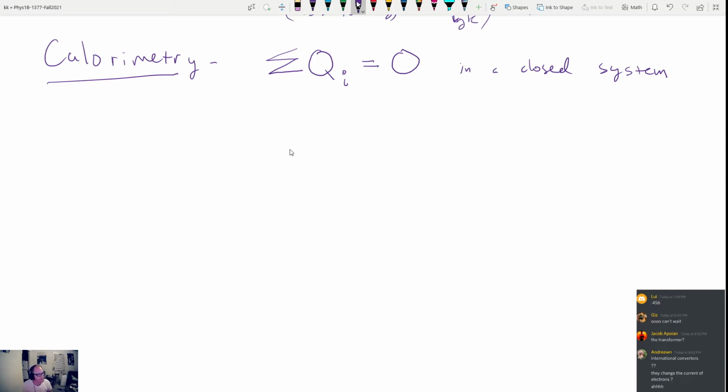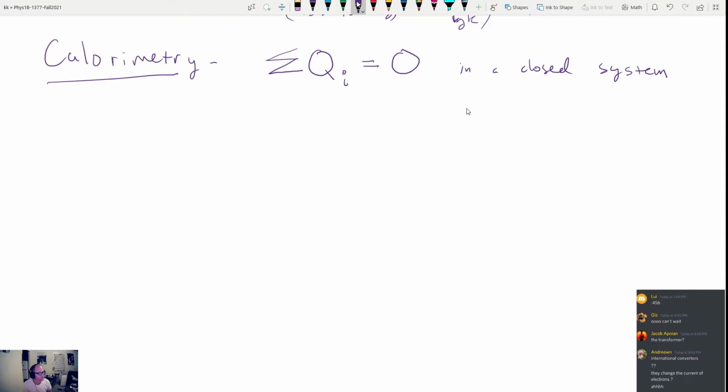A common question with calorimetry might be like, let's say I take a styrofoam cooler and throw a kilogram of ice in there. Then I take water at room temperature and pour maybe a few kilograms of room temperature water in there, and then I close the system off. Give it enough time, let's say an hour passes, what's the final temperature of the system going to be?